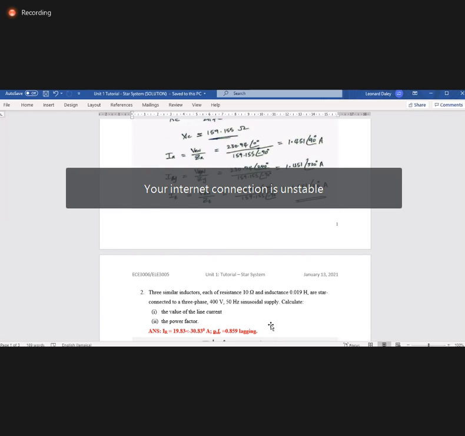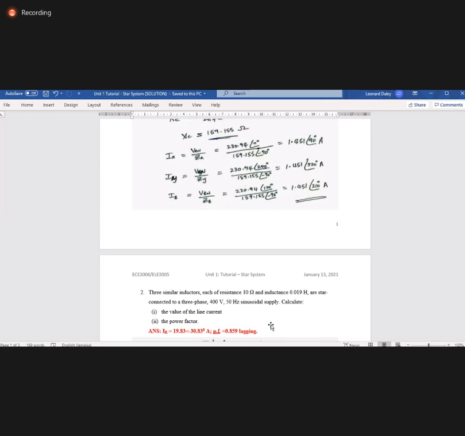So remember, the line current is a phasor, so it has magnitude and angle. Some books do not give you the angle, but I think it is a more complete answer when you have both magnitude and angle, since it's a phasor and you might be asked to draw phasor diagrams too.